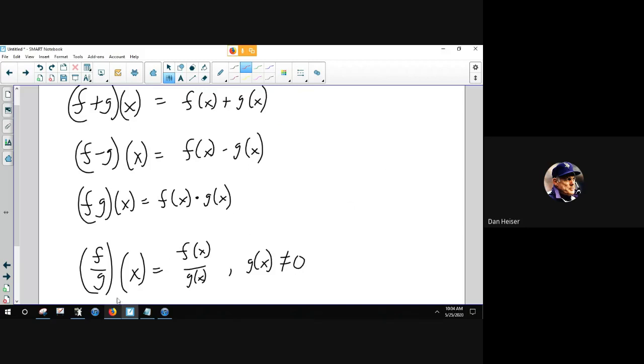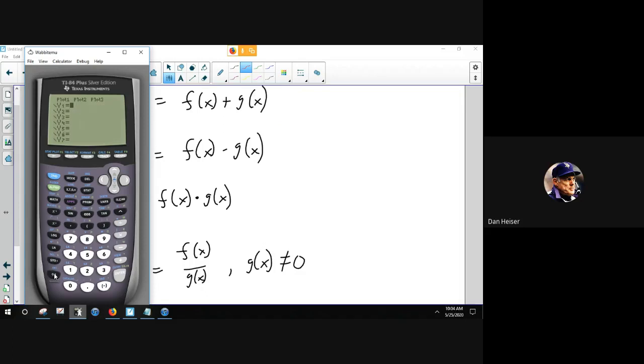Let's just do a quick little few examples here. I'm going to create two functions. I'll say this is 2x squared minus 1. And this other one I will say is, oh, I don't know, the square root of 3 minus x.